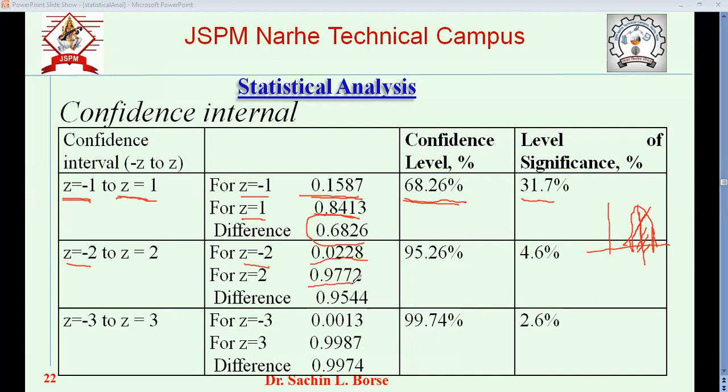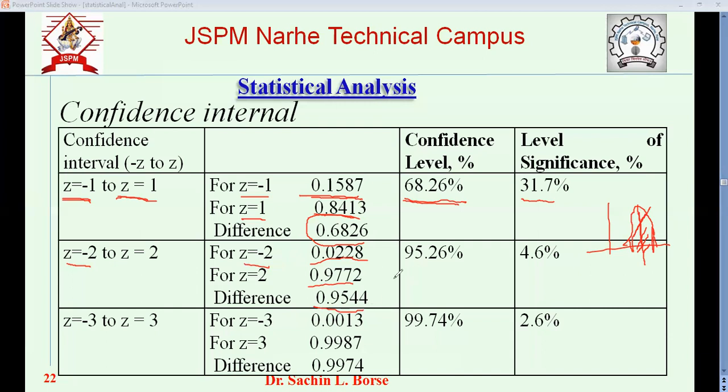Now take the difference, higher value minus lower value. Find the difference. Is it correct? 0.9544. Now you multiply by 100.